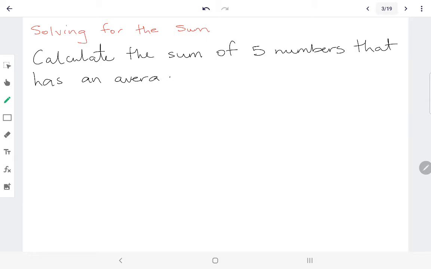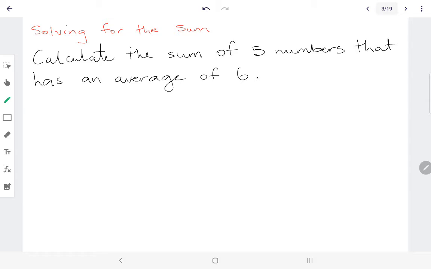Calculate the sum of 5 numbers that has an average or a mean of 6. So they want you to calculate the sum of 5 numbers that have an average of 6.